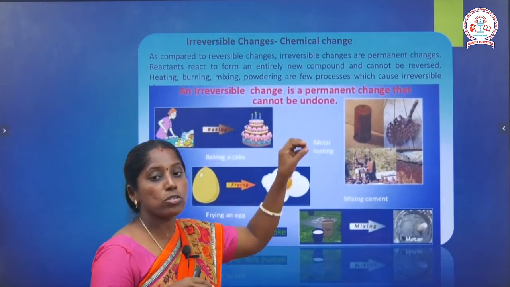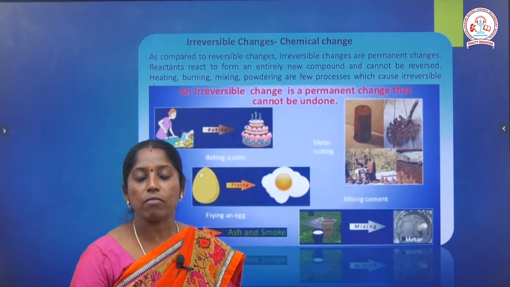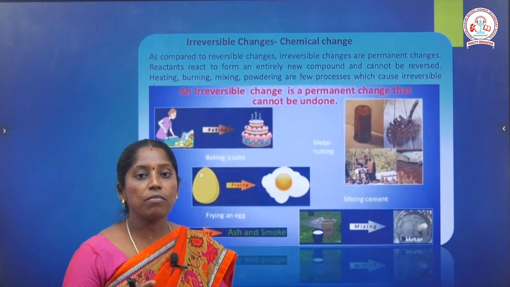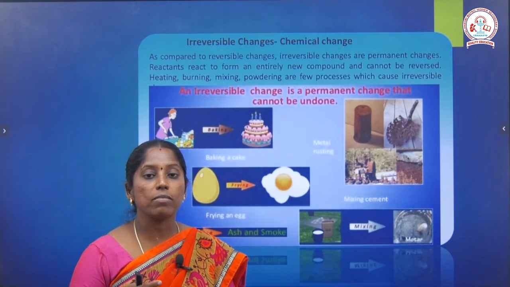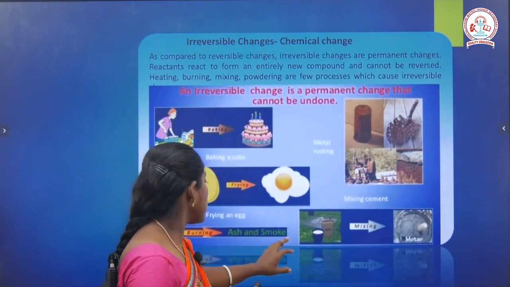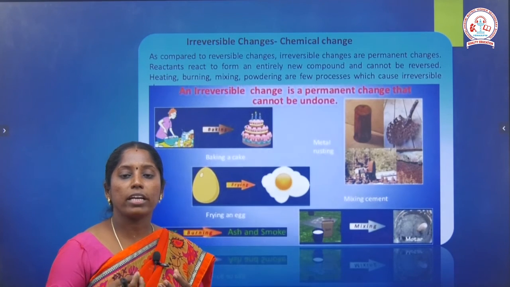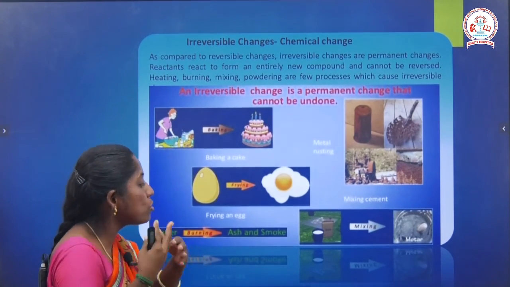Another name for irreversible changes is chemical changes. It does not come back to its original form, it changes into a new substance. That kind of change we call irreversible changes, or otherwise chemical changes. Here they have given another example: when paper burns, ash and smoke are produced. The paper turns into ash, an irreversible change to a new substance.